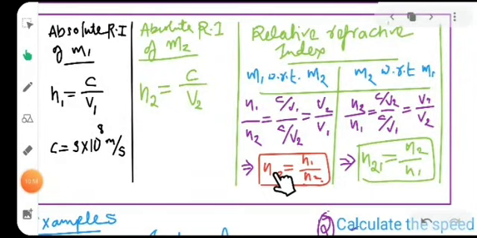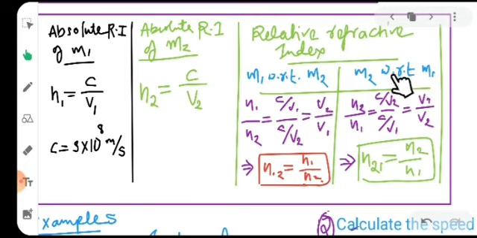So n12 is nothing but the ratio of the refractive indices n1 and n2, that is n12 equals n1 over n2. There is no further need to describe the case where medium 2's refractive index is measured relative to medium 1. It's as simple as the first case.